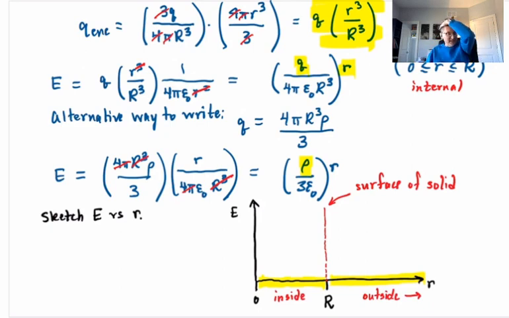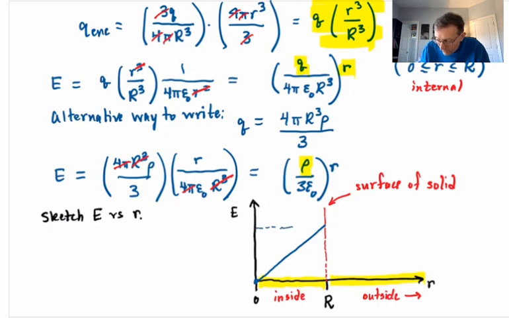And what does this electric field look like? Well, when you're in the interior region, you have to use the formula for the interior electric field. I'll use Q over 4 pi epsilon 0 big R cubed times little r. Here's the key thing, times little r. And when little r is 0, it's 0, so it starts at the origin and grows linearly, with a slope equal to Q over 4 pi epsilon 0 big R cubed.